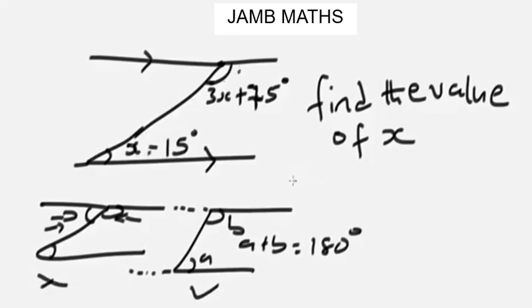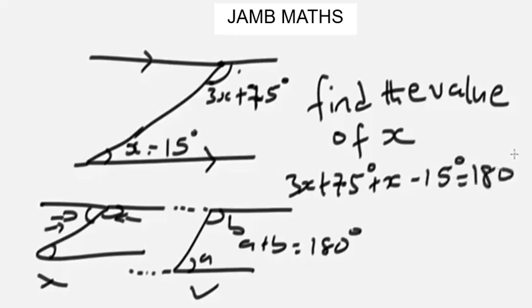So we're going to have 3x plus 75 degrees, plus x minus 15 degrees, equals 180 degrees.